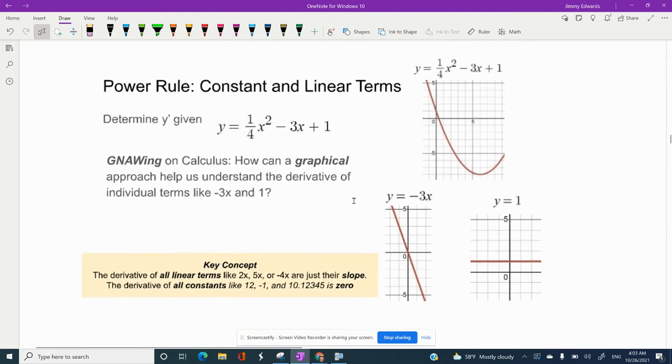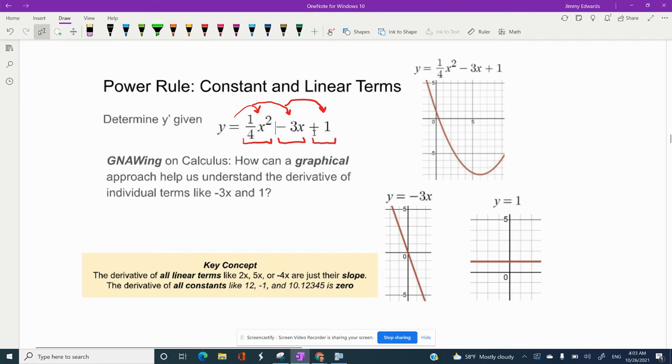Let's then look at examples where we have multiple power rules in a row. If you have 1 term, 2 terms, 3 terms, you have to understand that taking the derivative kind of distributes the derivative. You can do the first term and then do the power rule on the second term and then on the third term.